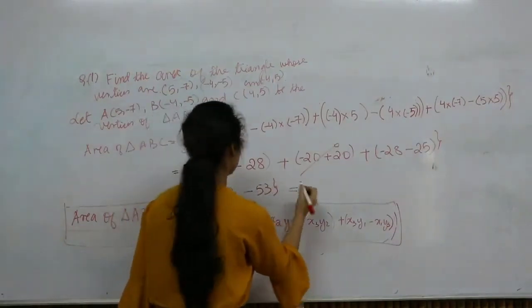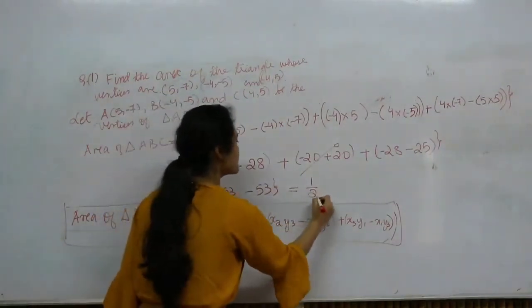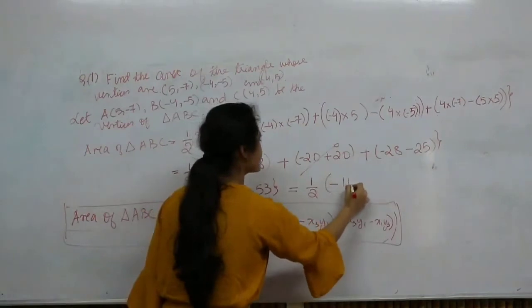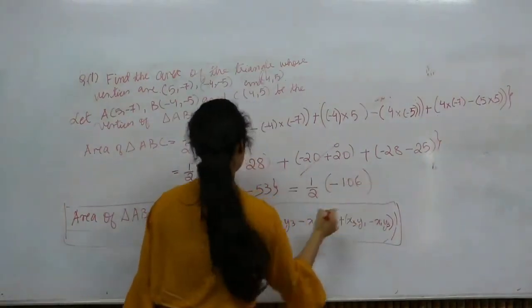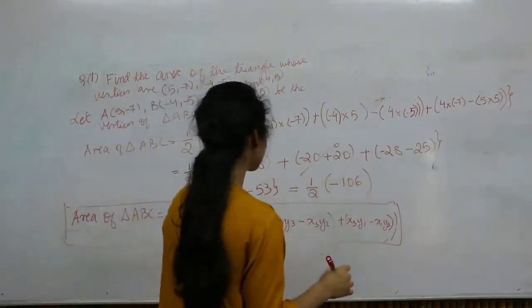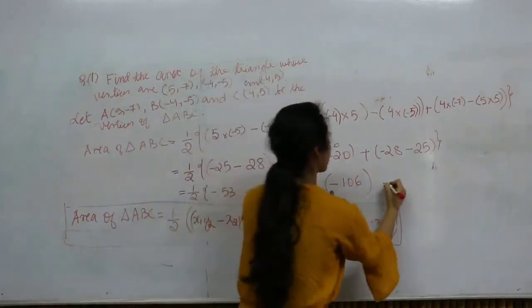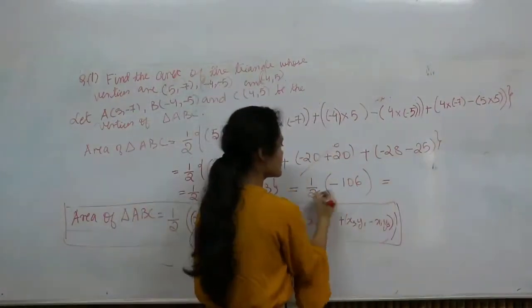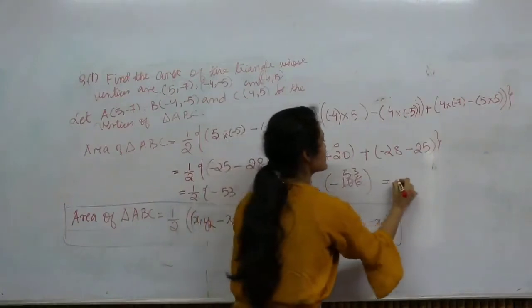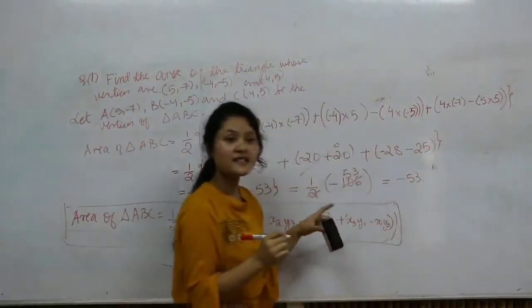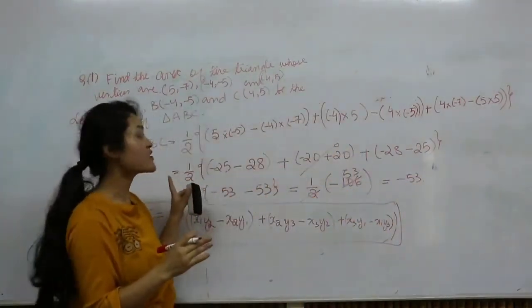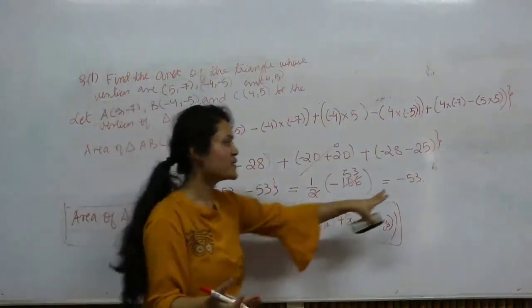So you add this one, you will get minus 106. So the answer is you just cancel 2, this one 53. But since we have to find the area, it is always a positive quantity. You neglect this sign.